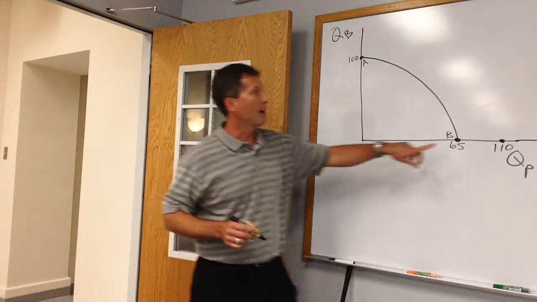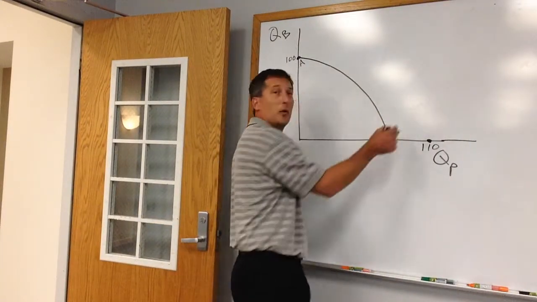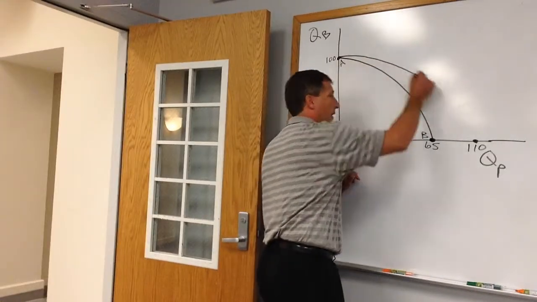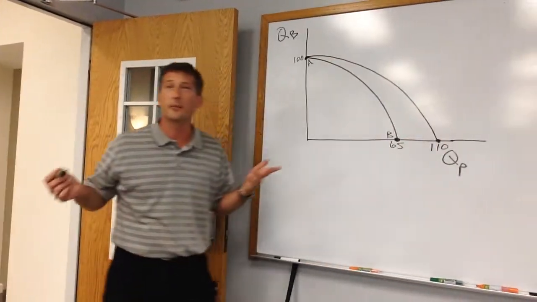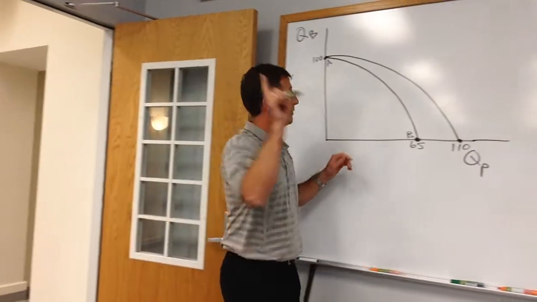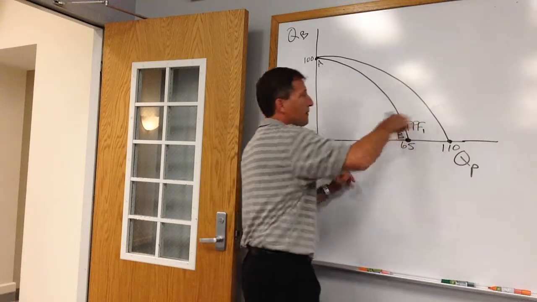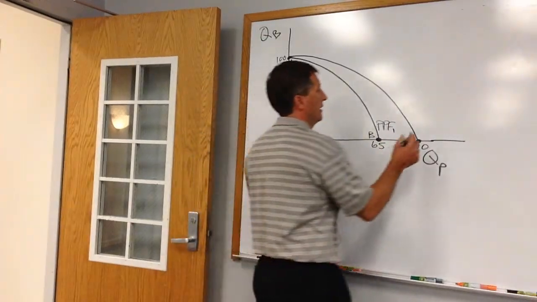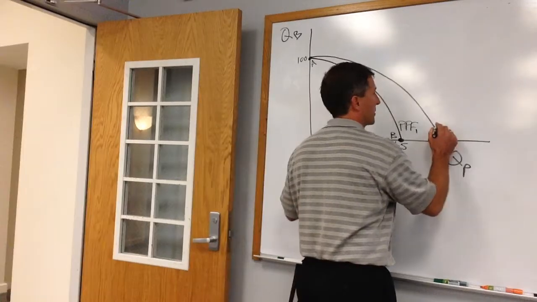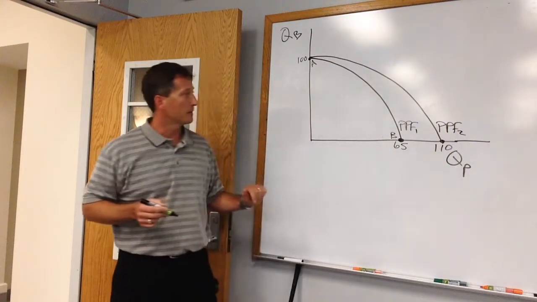Now, we can also start to free up some of these pizzas and get more beer, and we're going to have a function that looks maybe something like that. So there's the original PPF1, let's call it, with technology at its current level, and here's PPF2 with the new technology.